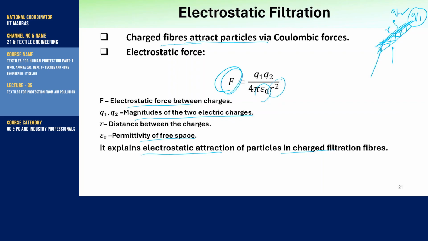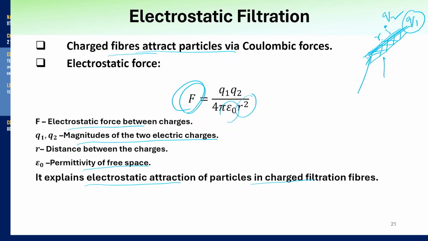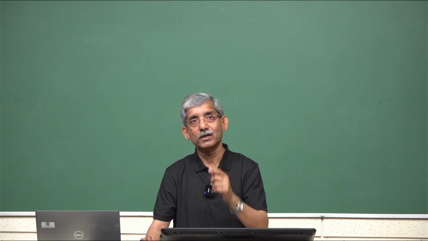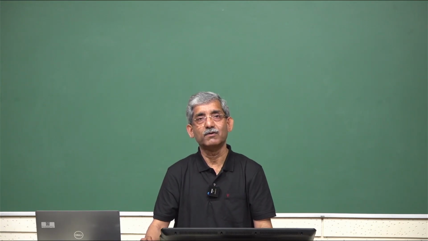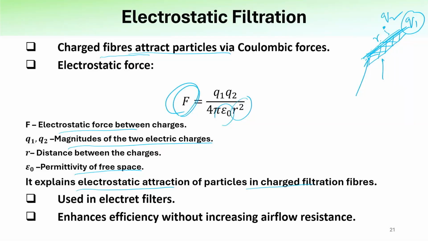So, these are the different problems, but for short duration, for very critical applications, we can use this electrostatic filtration. It is used to enhance the efficiency without increasing the airflow resistance. So, pressure drop is not increased, but you can enhance the filtration efficiency.